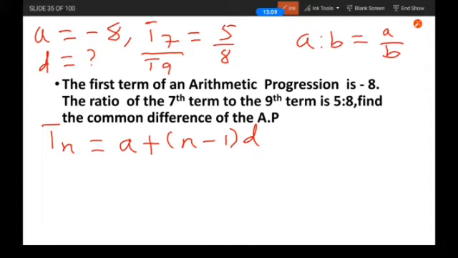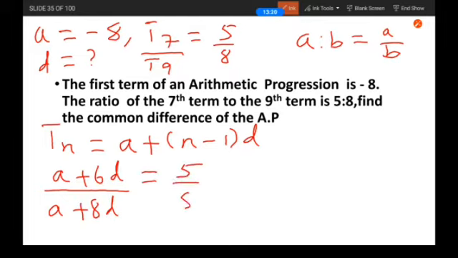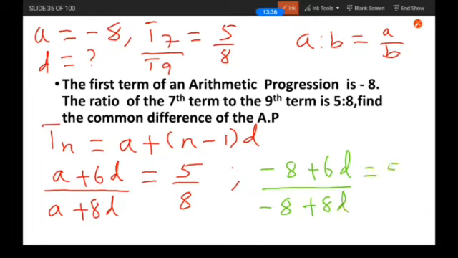Is that okay? So let's put the values there. So we are going to be having T7 will now be what? A plus 6D over T9 will be A plus 8D equals to 5/8. And remember that A is already given as minus 8. So I'm going to be having minus 8 plus 6D over minus 8 plus 8D equals 5/8.